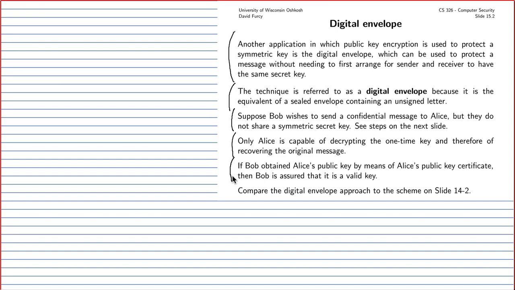And before we wrap up this discussion, I want to step back and discuss this mechanism by comparing it to a couple other mechanisms or protocols we've discussed before.